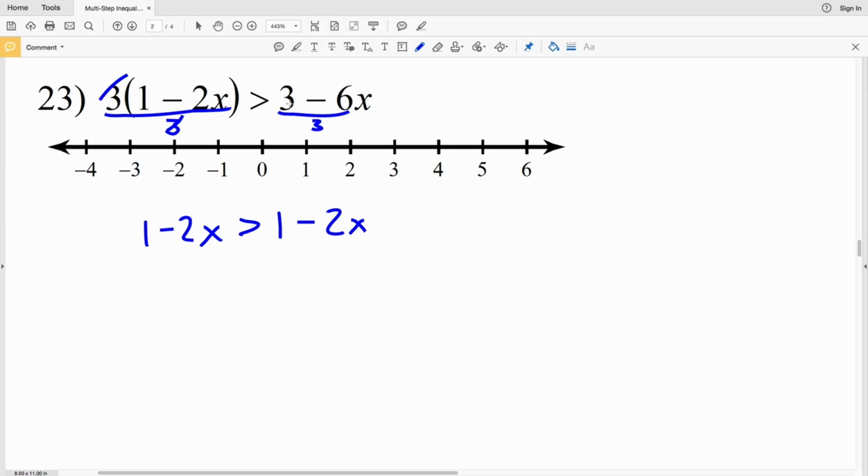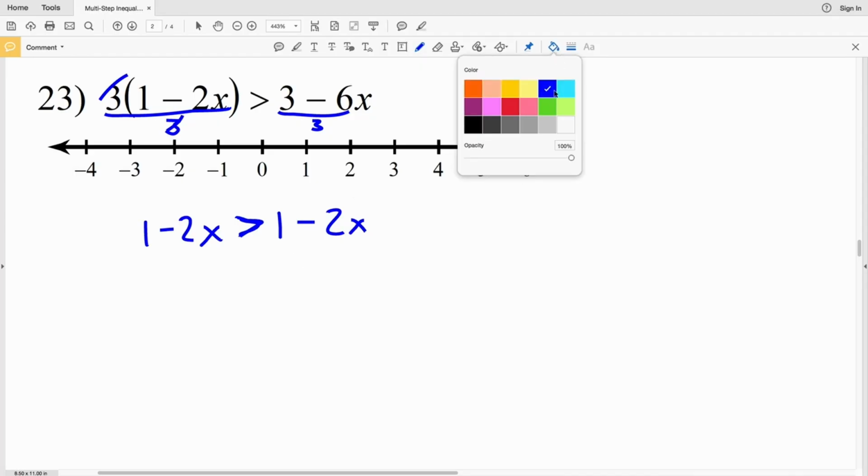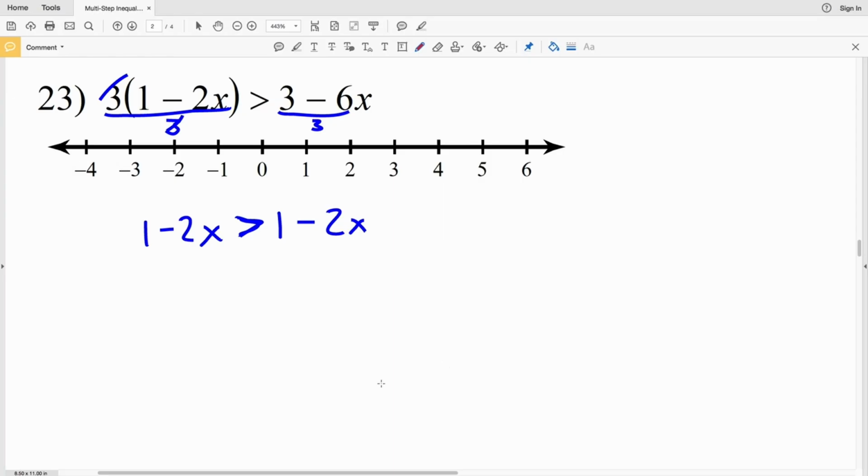Since 3 divided by 3 is 1, and 6x divided by 3 is 2x. Now you'll notice that 1 minus 2x is the same as 1 minus 2x, so we already know that those two are equal, but it's telling us that one of them is greater than the other. So right away, we can see that this will be no solution.